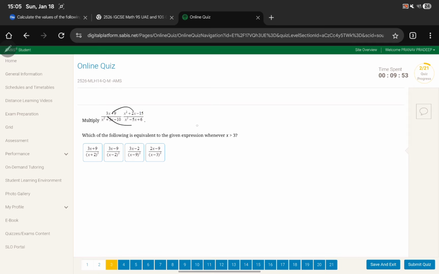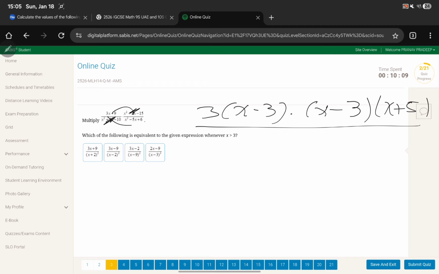So 3x minus 9 is going to be 3 times x minus 3, and on this side it's going to be x minus 3 times x plus 5. And on this side, this is going to be x minus 2 times x plus 5.